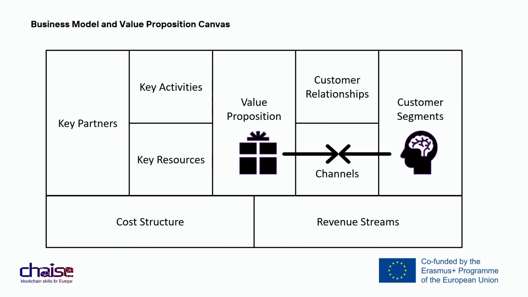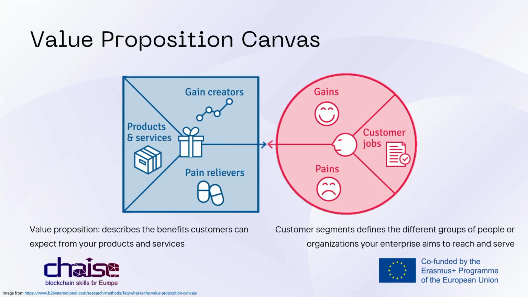Core to this business model is the value proposition and its relationship to the customer segment. This is so important that we would put the value proposition and connect it with the customer segment and call it value proposition canvas.